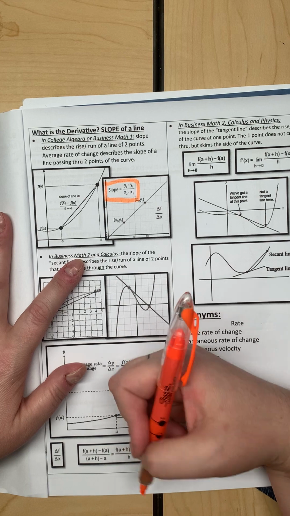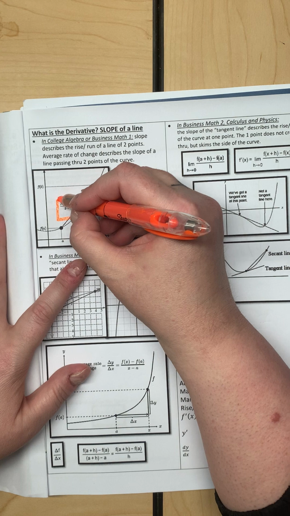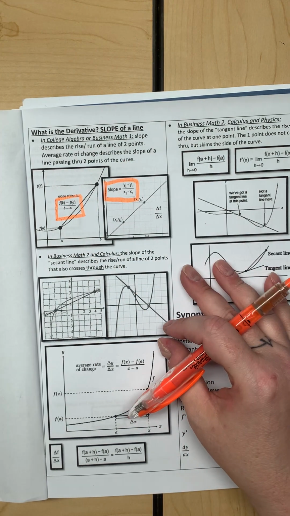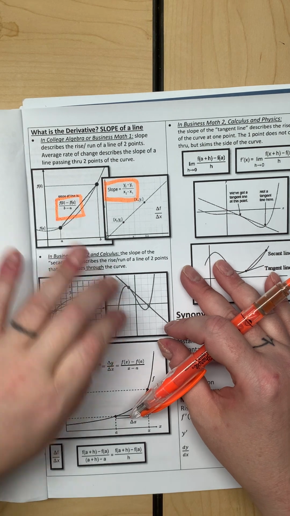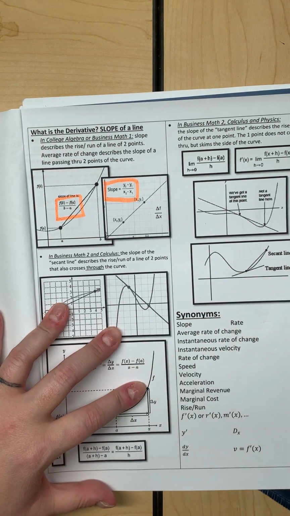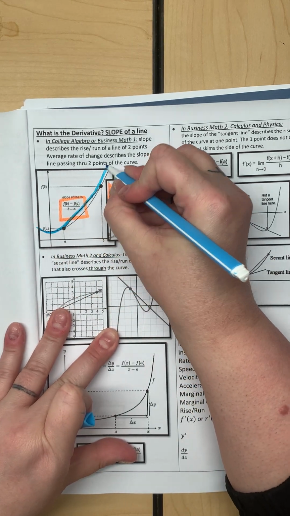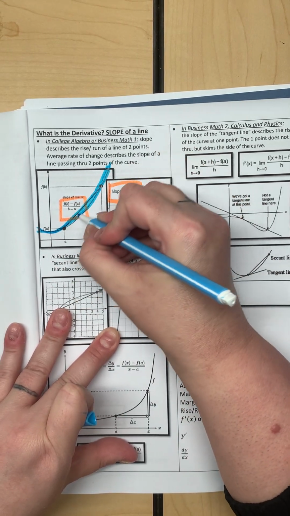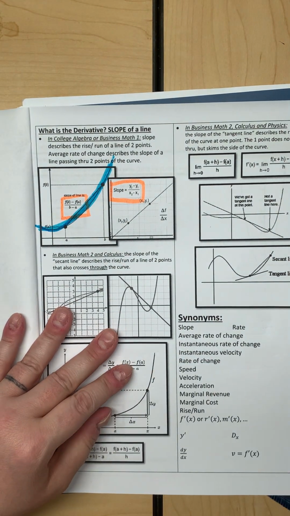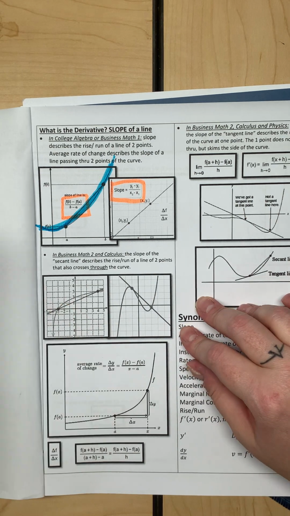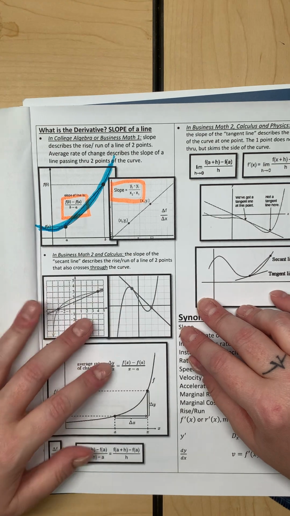And then in college algebra or business math 1, we also used something called the average rate of change, which means if you're looking at a curve, like this blue curve, average rate of change means the slope of the line that crosses through 2 points of that curve.